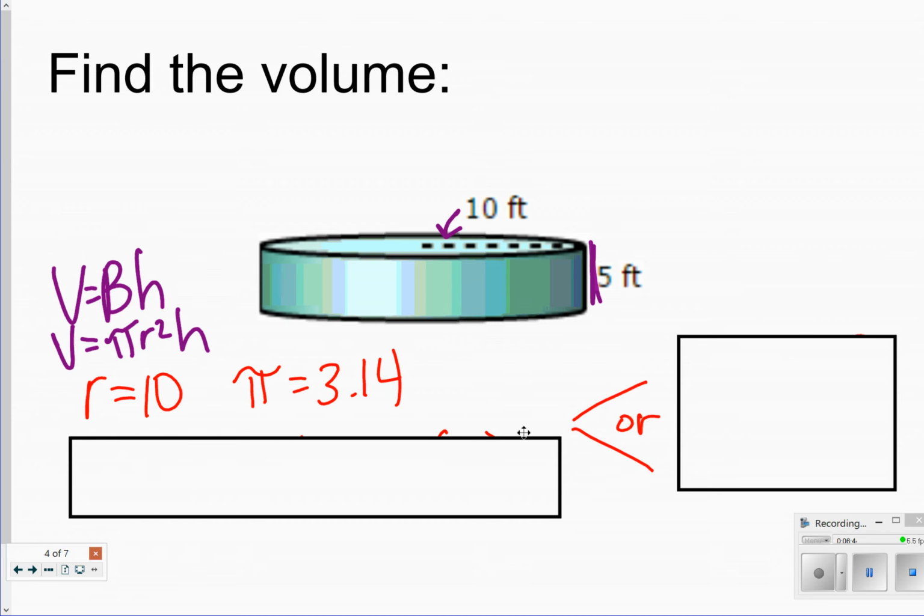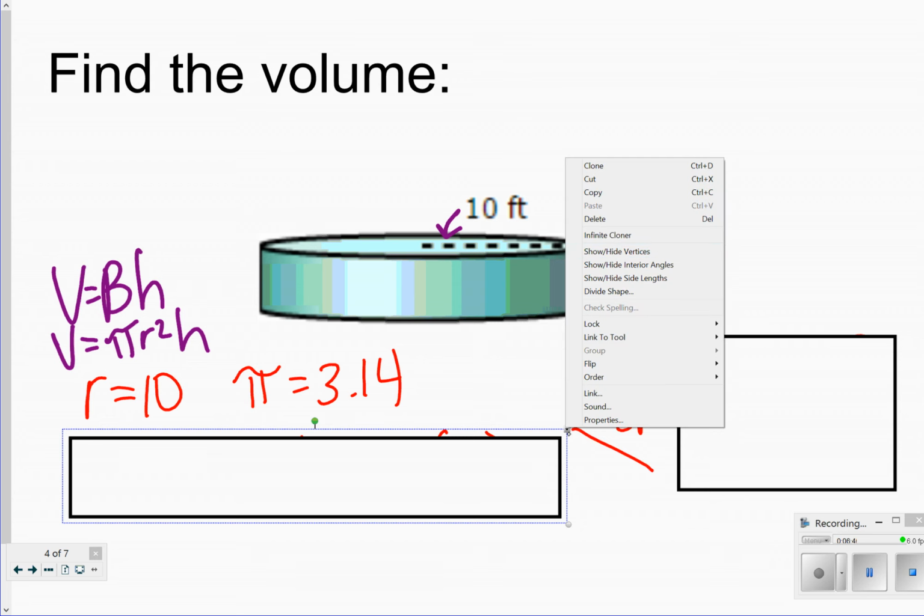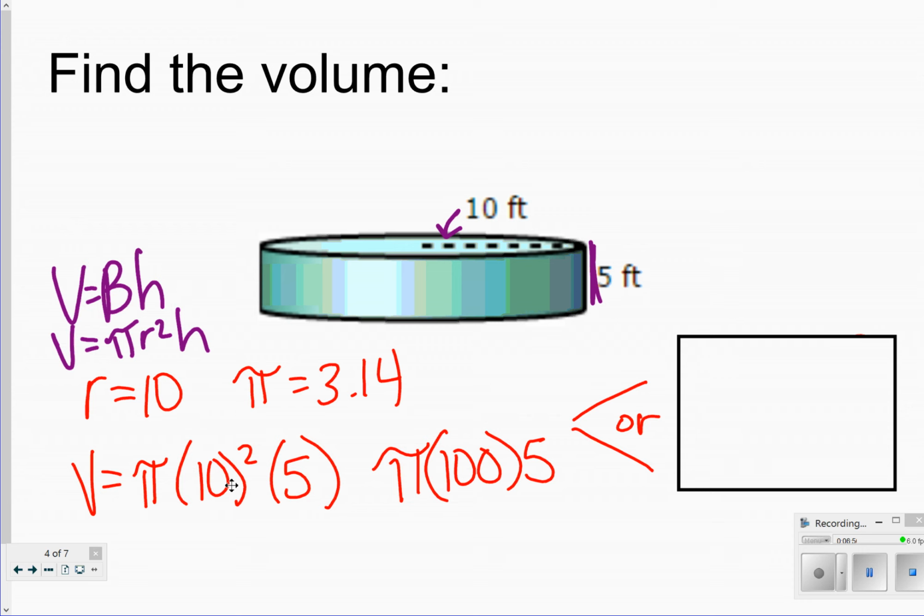There's more than one way to solve it, always. But in this case, it was solved by doing pi r squared height. So the r is 10 in this case, so it would be pi times 10 squared times 5, which would simplify to be pi times 100 times 5.